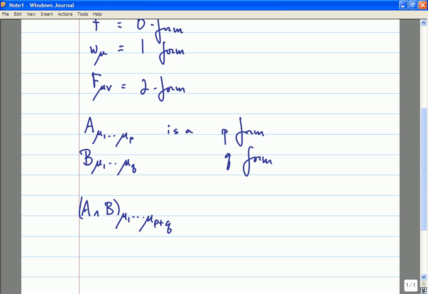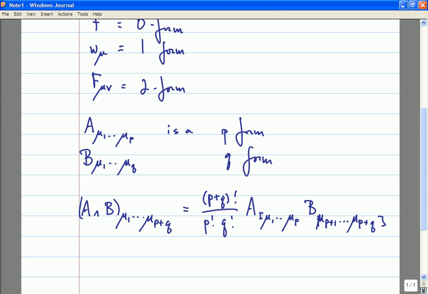It'll be a P plus Q form. And it's just given by multiplying those two differential forms together and anti-symmetrizing over all of the indices, along with some normalization factor, which is really just a matter of convention.